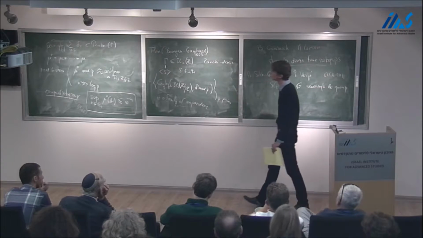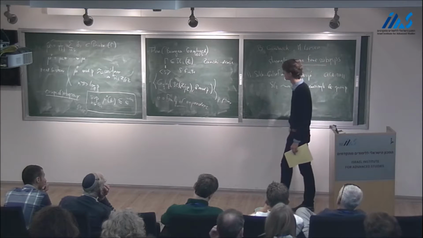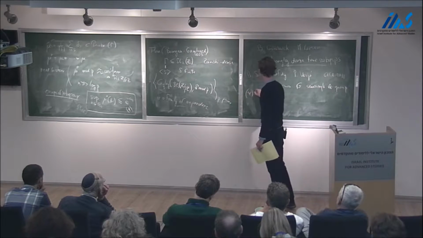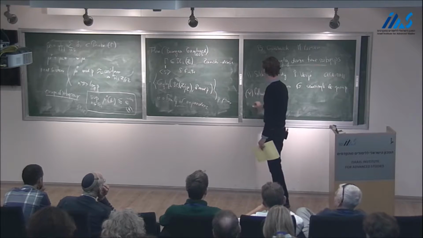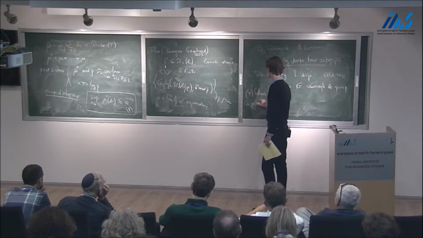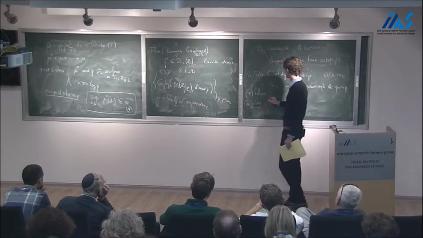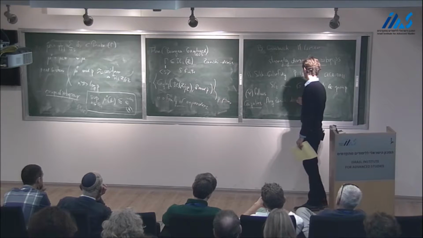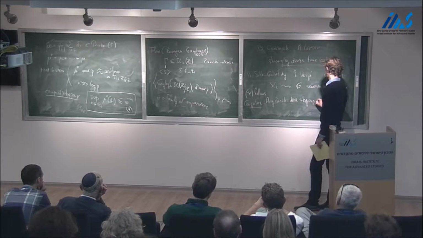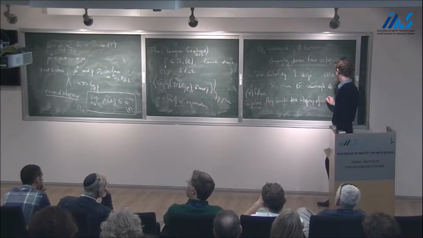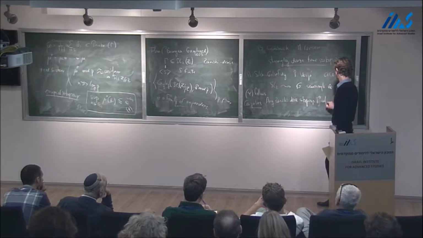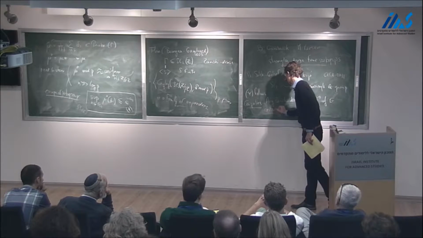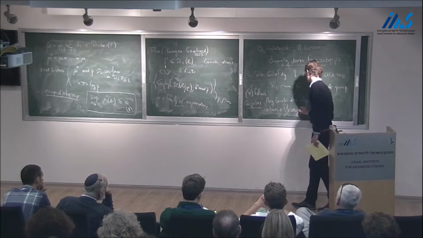But another way would be to say that this estimate would follow from the following conjecture: that any Zariski dense subgroup gamma of G contains a strongly dense free subgroup.